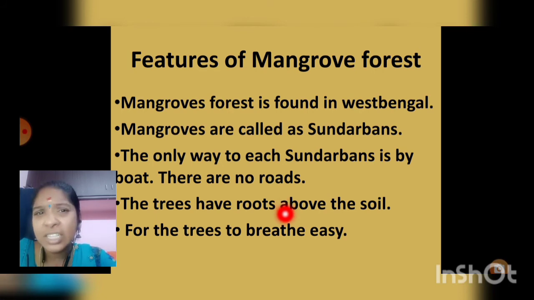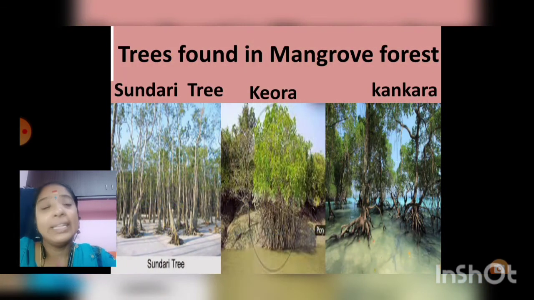So these are the special features of the mangrove forest. The trees found in the mangrove forest are the Sundari tree, Keora and Kankra. These are the trees you can find specially in the mangrove forest, where all the roots are above the soil level and there is no land road to reach them.